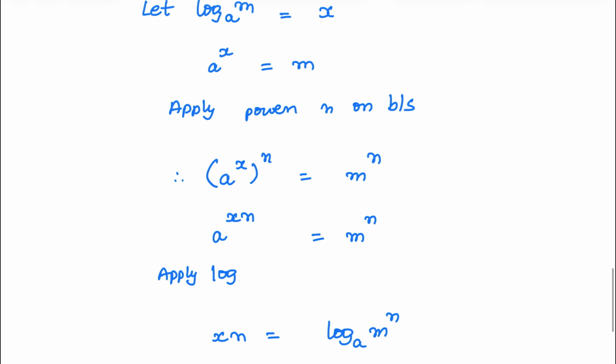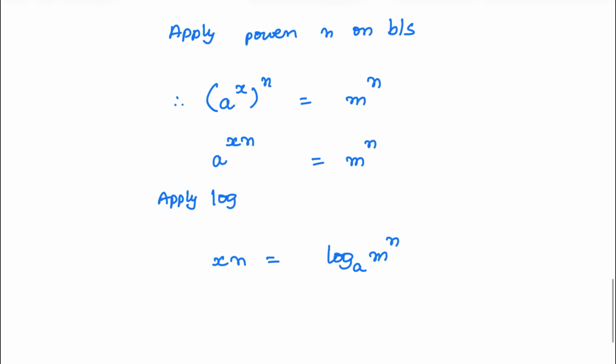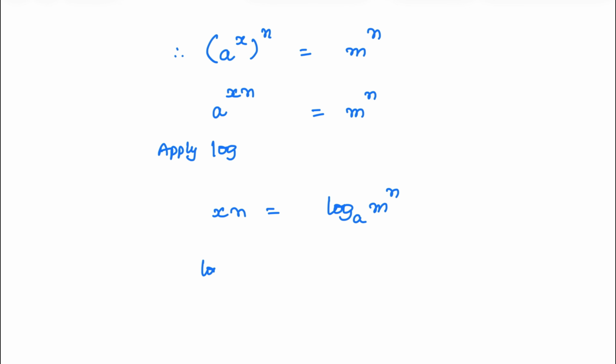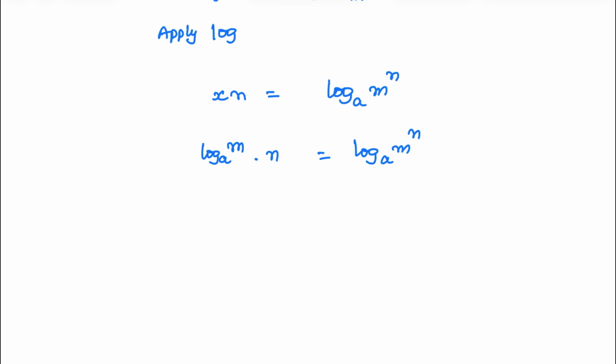What is the x value? The x value is log m base a. Therefore, log m base a into n equals log m power of n base a. Therefore, we can write log m power of n base a equals n into log m base a.